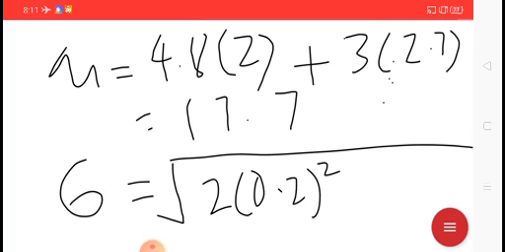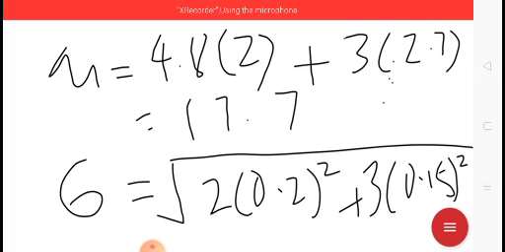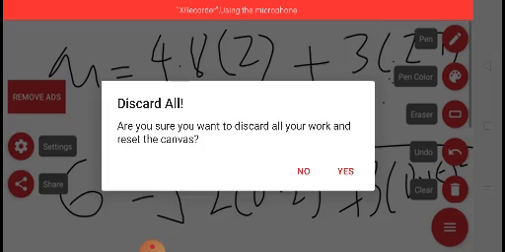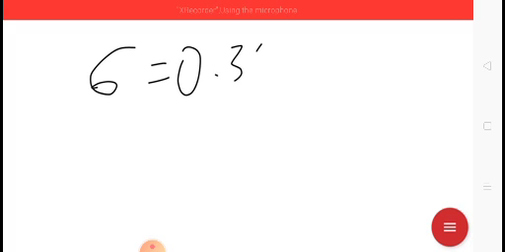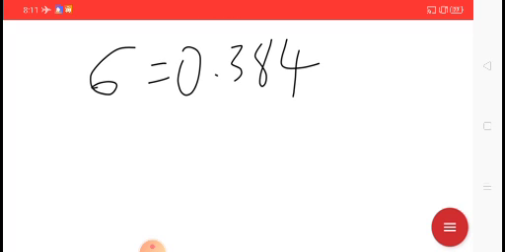This is not multiplication, it is adding the variances. So for the sigma you should get 0.384 for this question.